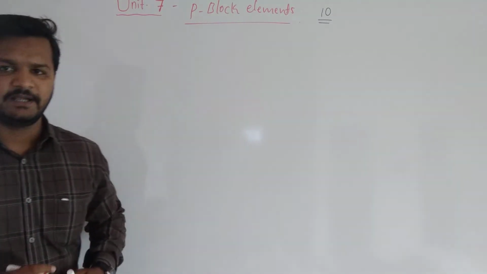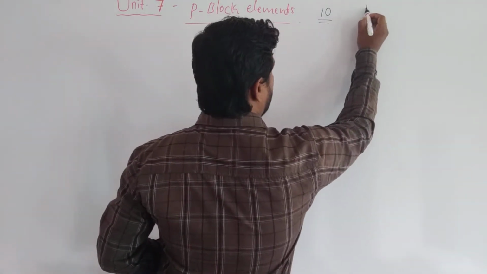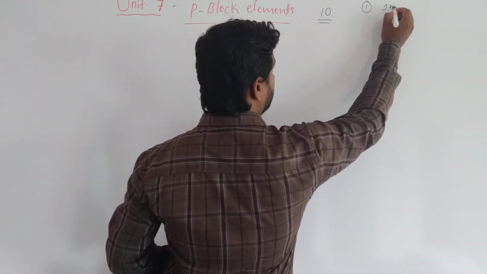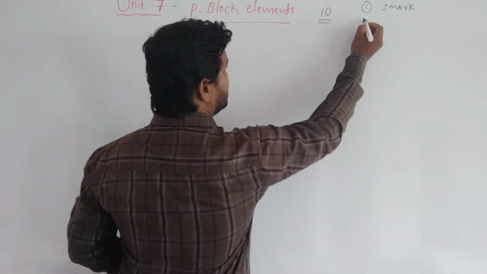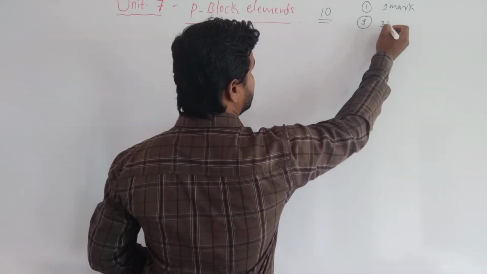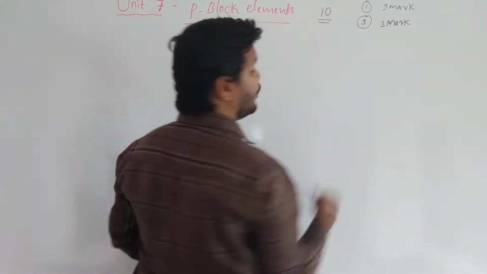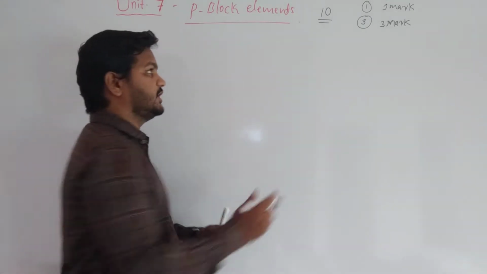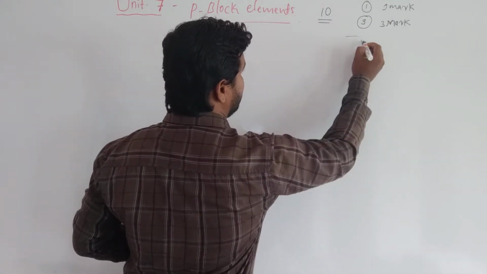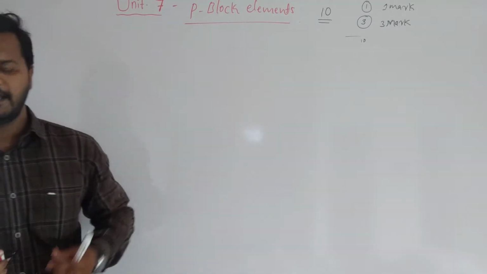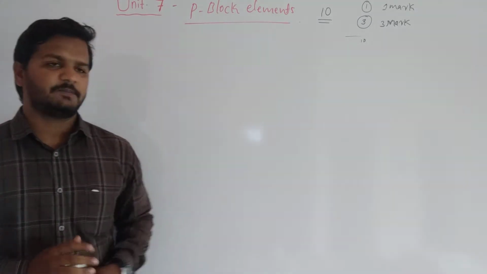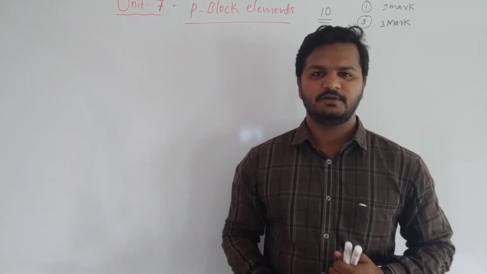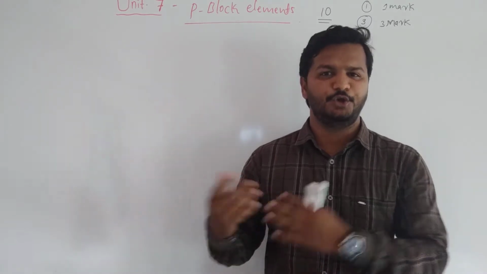Here, 1 question from the 1 mark section and 3 questions from the 3 mark section. Total 9 and 1, total 10 marks. So this chapter carries a total of 10 marks and it is a very easy chapter. In this chapter we are going to learn about group number 15, group number 16, group number 17 and group number 18, nothing but noble gases.